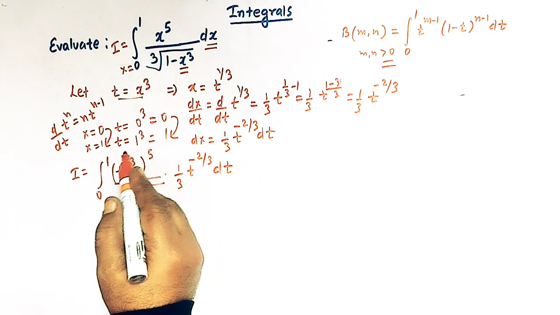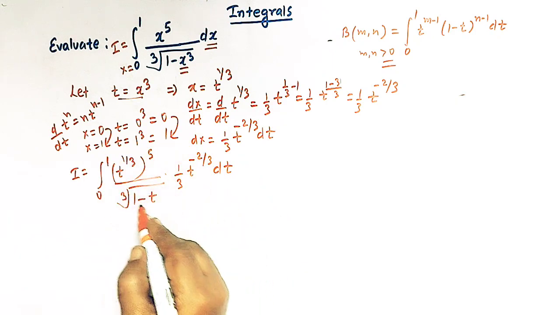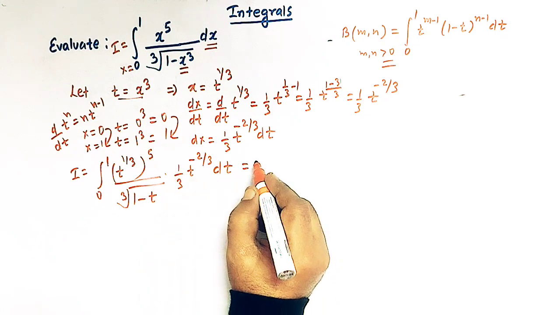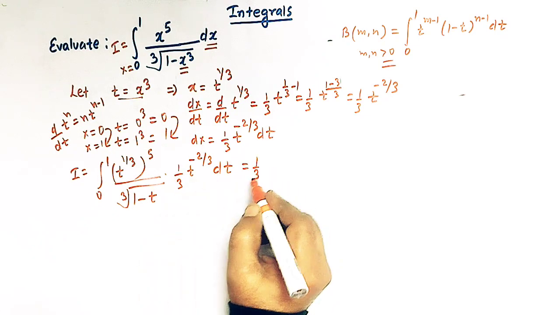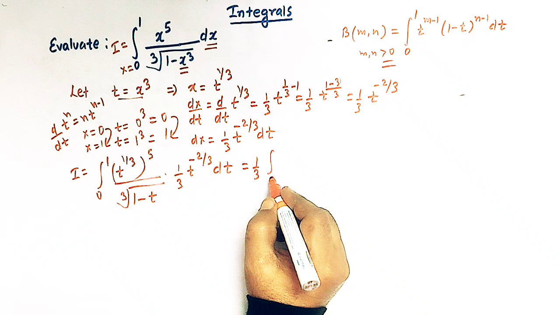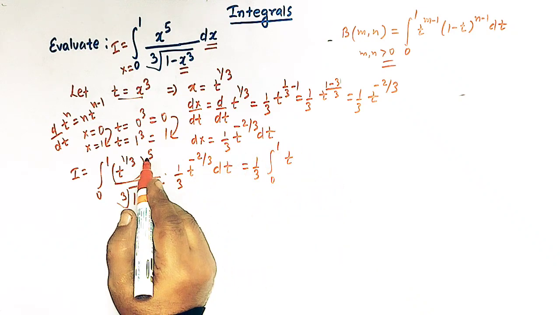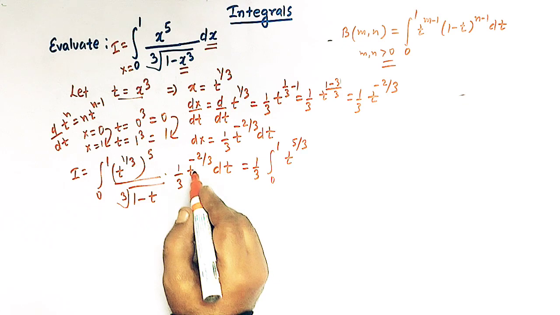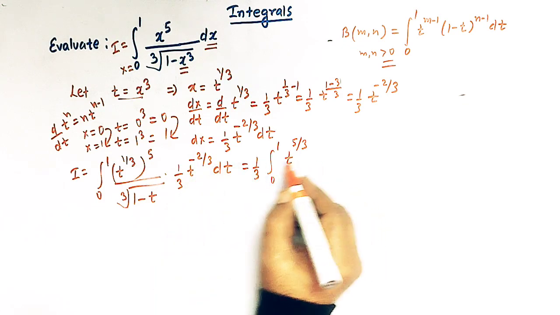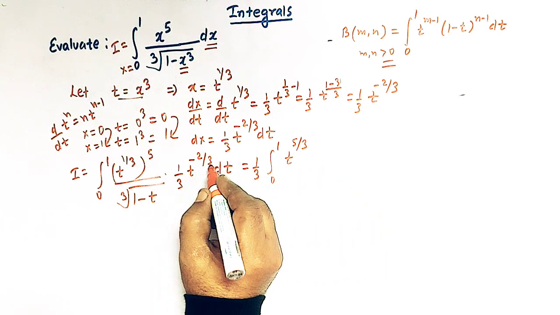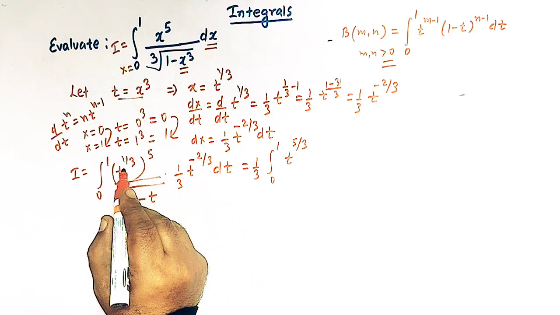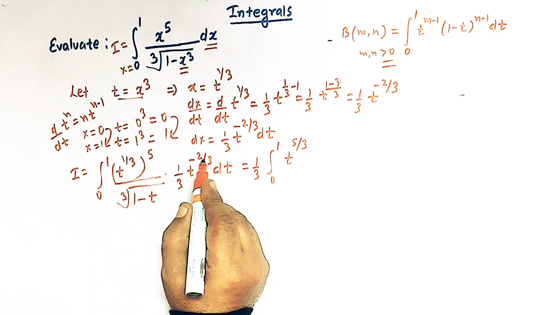Now let us simplify or rearrange this integrand, and we can take 1 over 3 outside the integral. We have the integral from 0 to 1 of t raised to 5 over 3, and then t raised to minus 2 by 3. We can use the laws of exponents to add these two numbers.